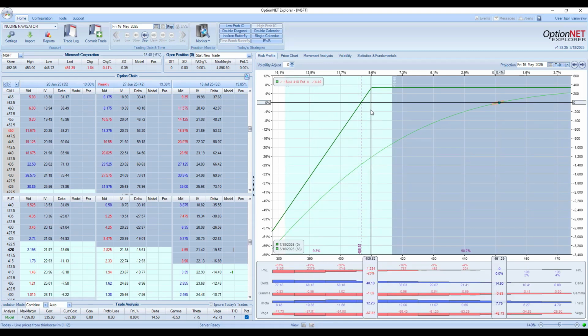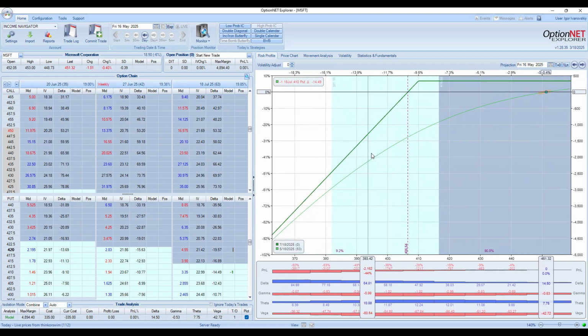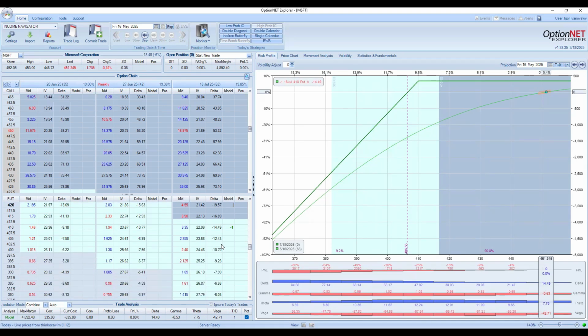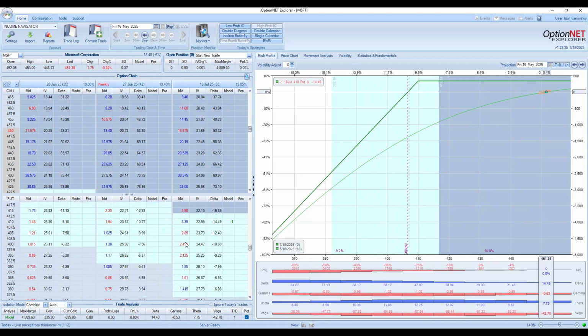You just have to pick quality stocks that you're willing to own, maybe in your retirement accounts, and pick your spots. Maybe 10% discount is not enough. Maybe you want to go lower. The farther out of the money you go, the safer your position is. However, the problem is that the farther out of the money you go, the premium drops off quite a bit.